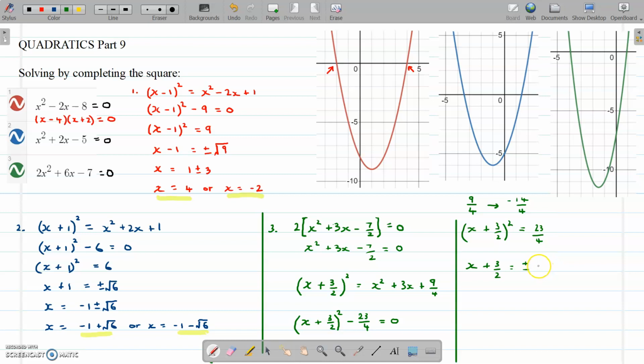Now I'm going to write that as root 23 over 2, because if you square rooted the whole fraction, you'd be square rooting the 4 underneath to give you 2.